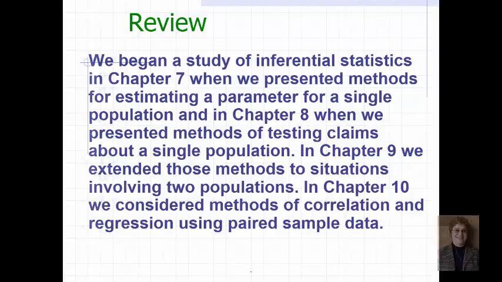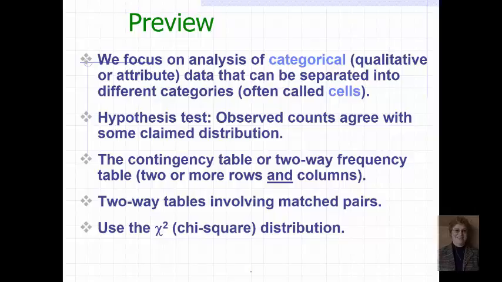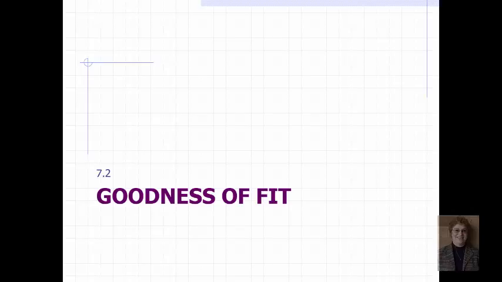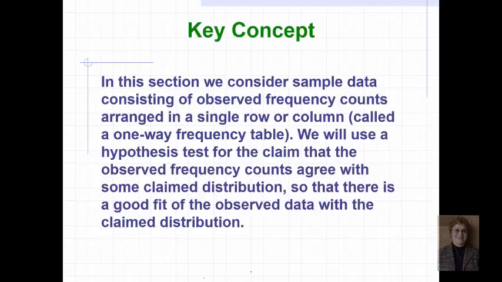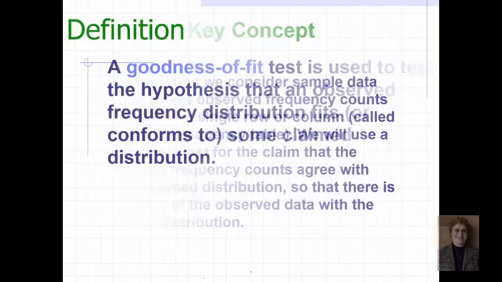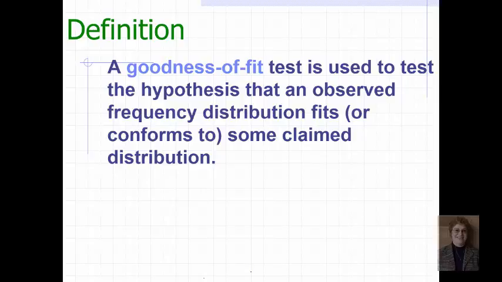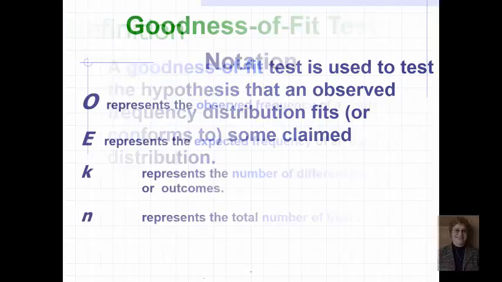What we're going to do now is focus on categorical data. So let's start with goodness of fit. We want to see if the data supports a known frequency distribution that's been claimed. And so we use a goodness of fit.